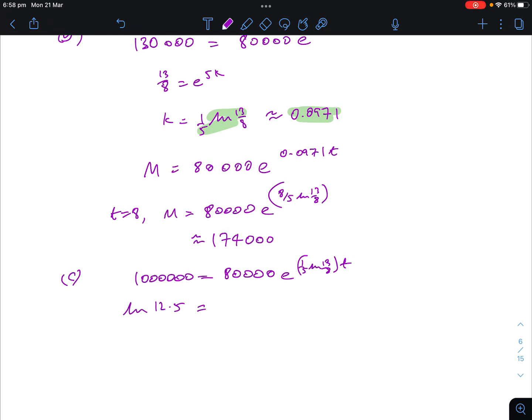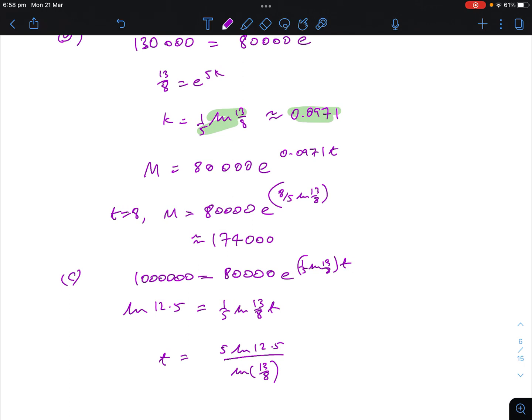So ln of 12.5 is a fifth ln 13/8 t. So t is 5 ln 12.5 over ln 13/8.